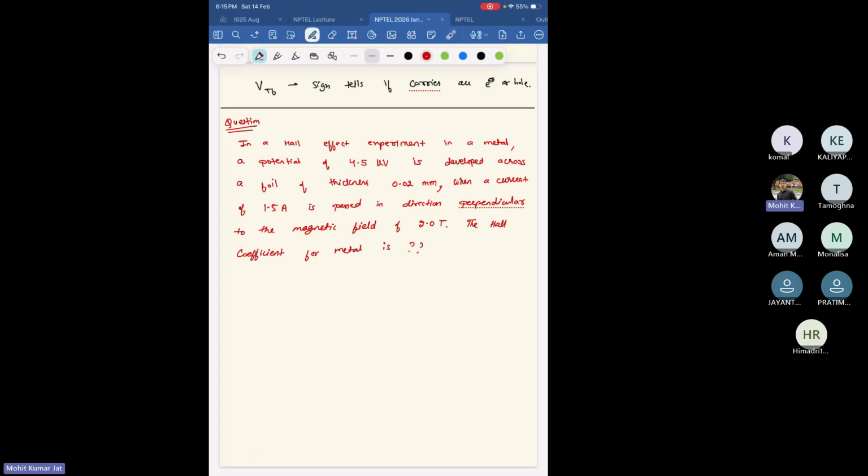Hall coefficient, if you follow the class notes, is denoted by RH, and is nothing but Ey by JxB. Ey is the electric field in the Y direction, Jx is the current density in the X direction, B is the magnetic field.